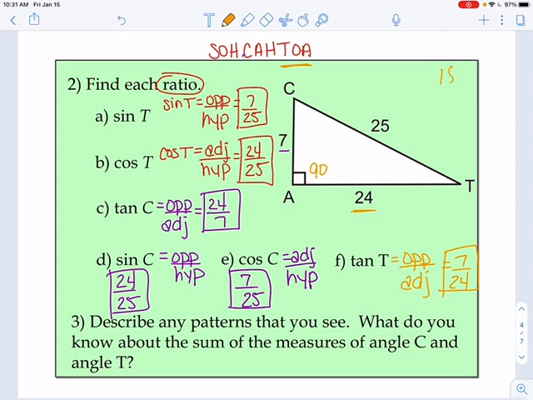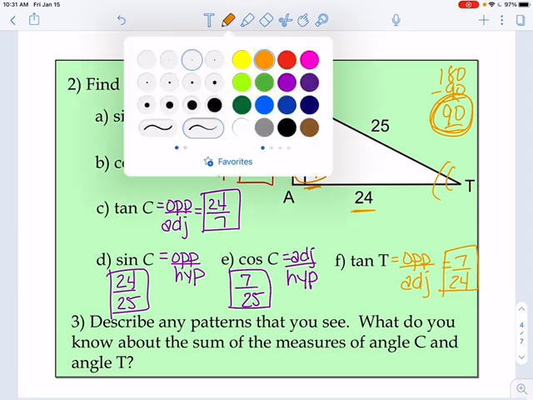If there's 180 degrees in that triangle, and I take away the 90 that I've already used for this right angle, that means there's 90 degrees left to split between C and T. So as long as this is a right angle, those two other angles are always going to have a sum of 90. Something about that is going to come up later inside this section.